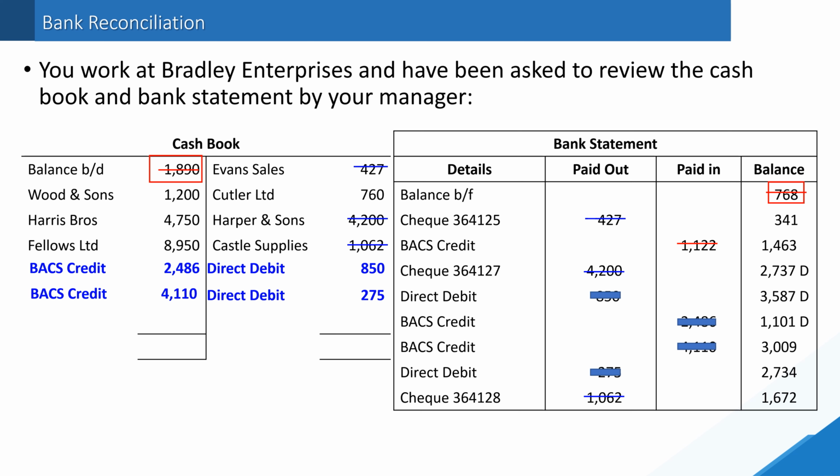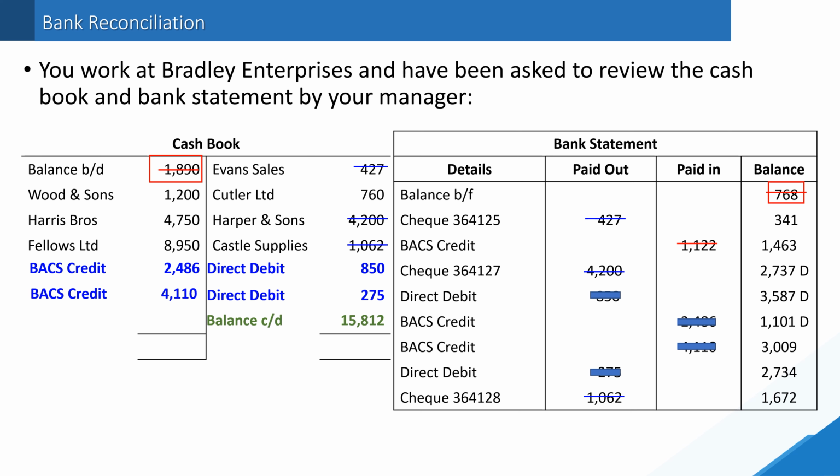I'm now going to complete step 4, and step 4 is to balance off the cash book. And we do this, as we've seen previously in the presentation, by finding the difference between the debit and the credit side. That difference is my balance carried down, and that difference is £15,812.